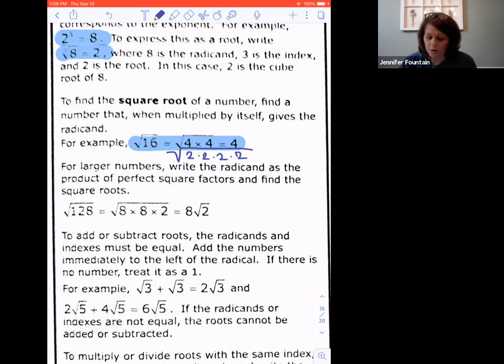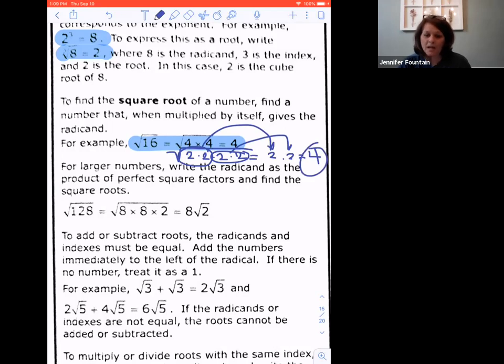Okay, so we'd have a group of buddies here that gets to come outside as a 2. This group of buddies gets to come outside as a 2, and we multiply them together to get 4. No matter how you break the numbers down, you're still going to end up with the same radical number.